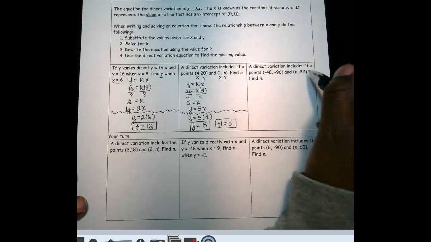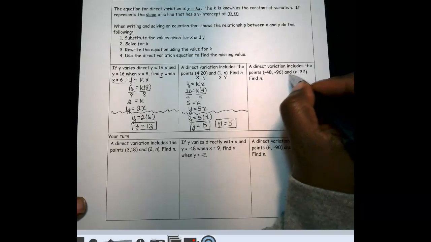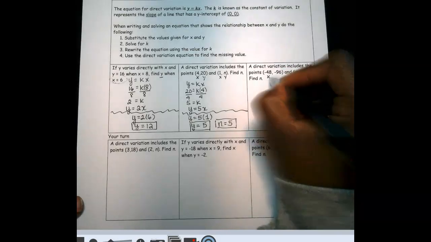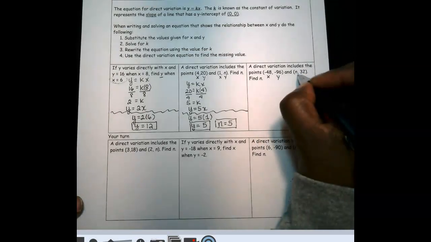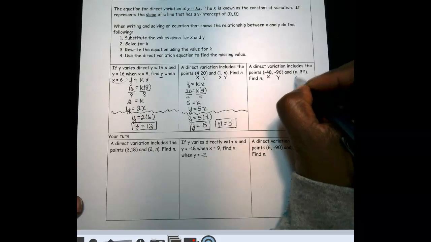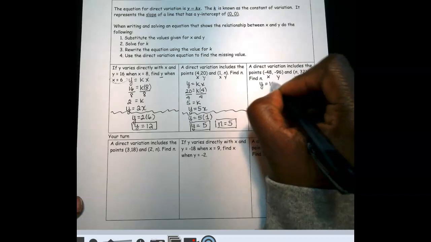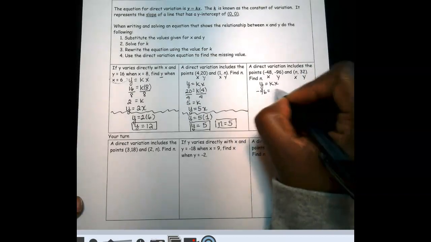Now, a direct variation includes points (-48, -96) and (n, 32). So again, -48 is x, -96 is y. We could interchange n with x and 32 with y. We're going to do exactly what we did before. y is -96.